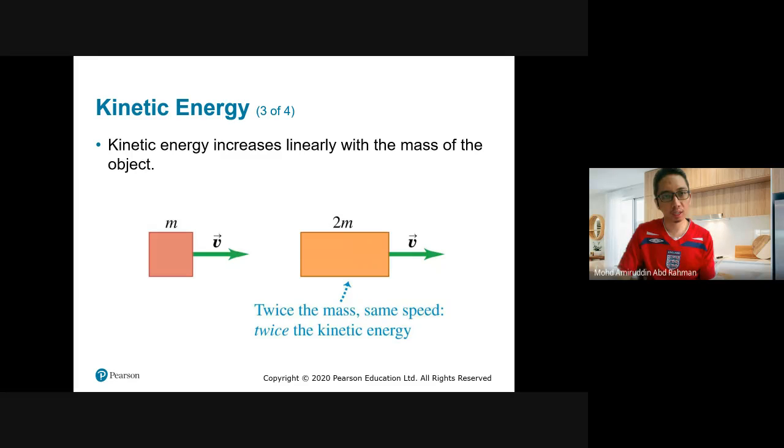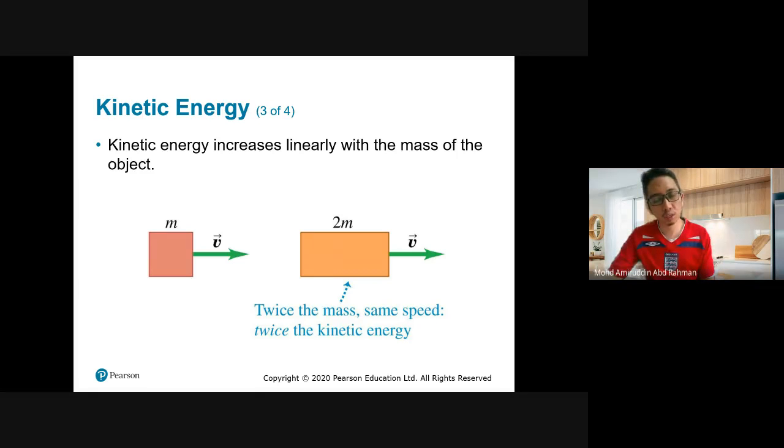The kinetic energy increases linearly with the mass of the object. Let's say we have two boxes, one with mass m and another with mass 2m. With twice the mass at the same speed, we get twice the kinetic energy.